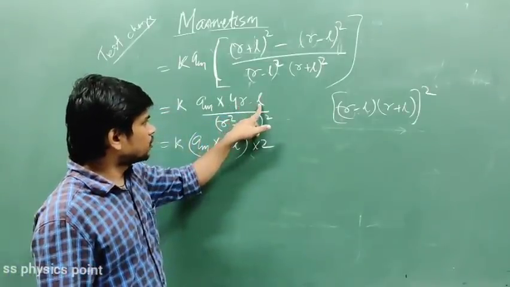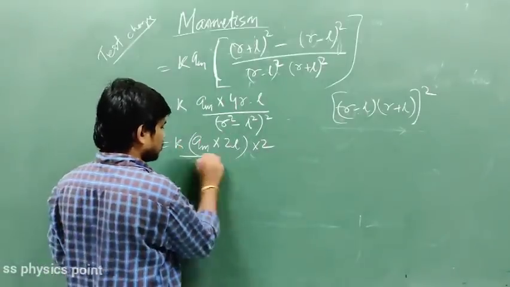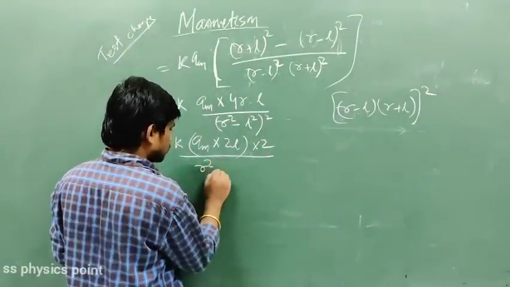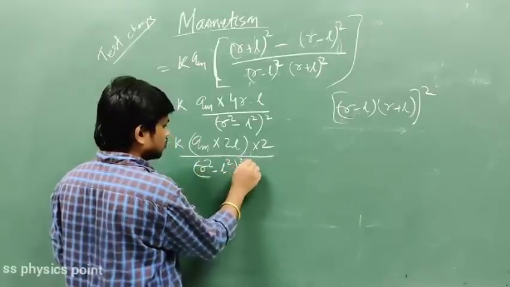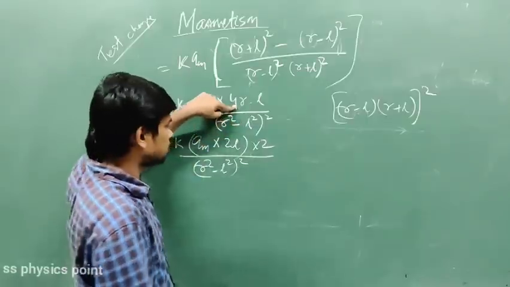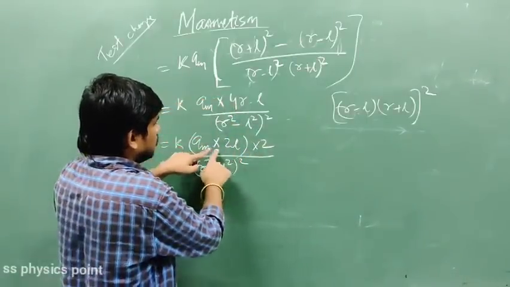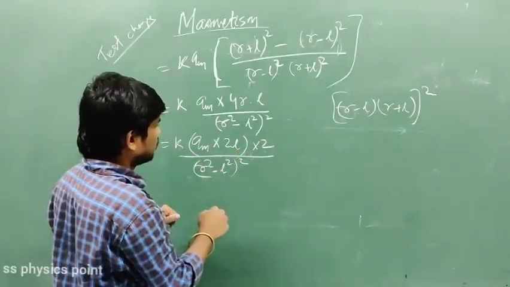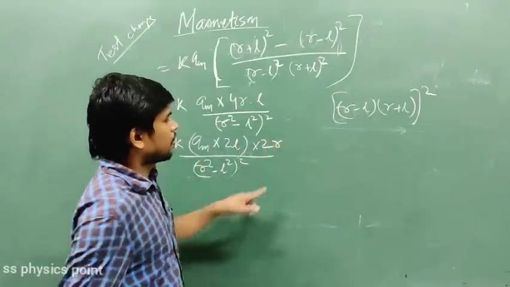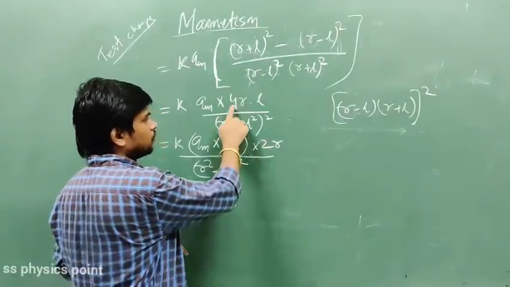So one 2 came to the 2L, and the other 2 went outside. Same expression divided by (R square minus L square) whole square. There is no difference between the two; I am just dividing this 4 as 2L into 2. One more term I am missing, that is R. Here 2R into 2L is 4RL.